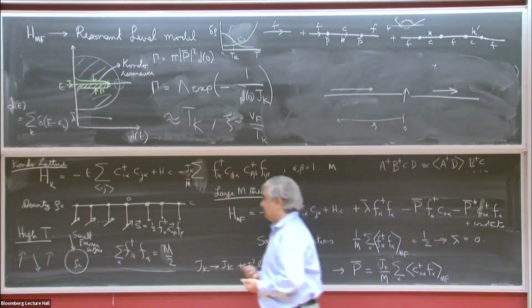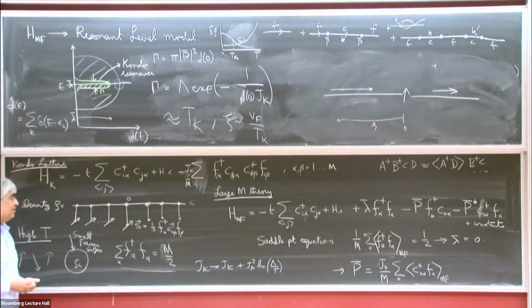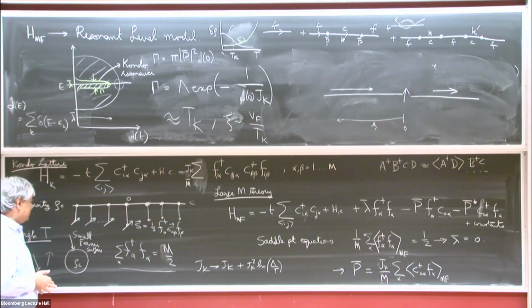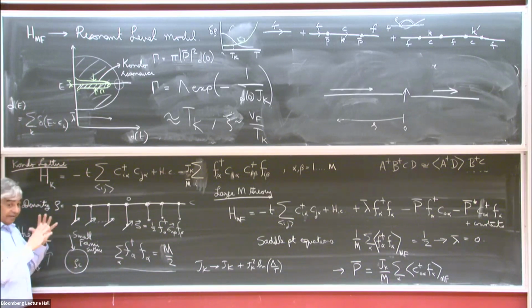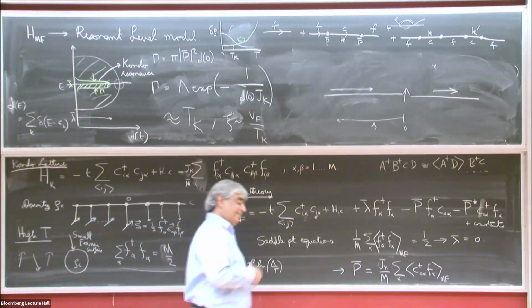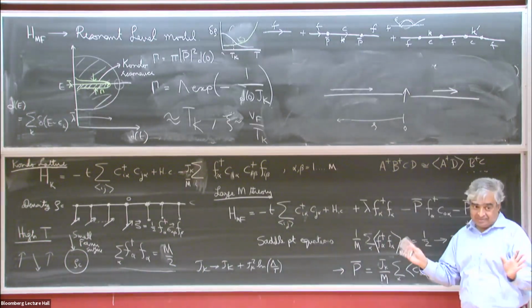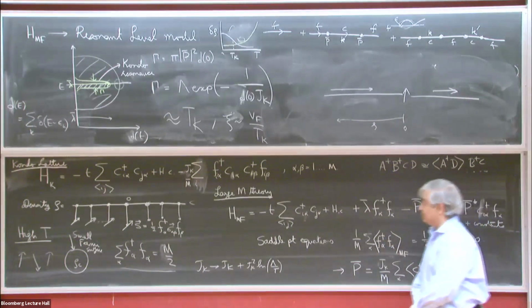So these are the questions we want to know. And in the simplest theory that I'll discuss today, in the heavy Fermi liquid, what you find is that the Fermi surface is large, and the effective mass of the quasi-particles is also very large. It's 1 over the Kondo temperature of a single impurity. That's the result I want to show by the end of this lecture.